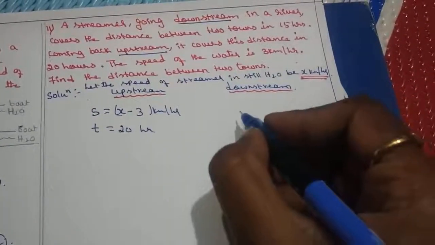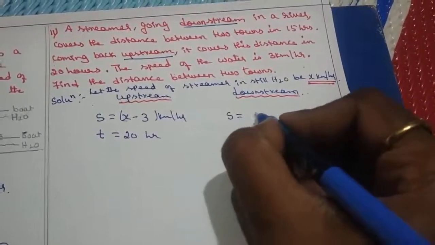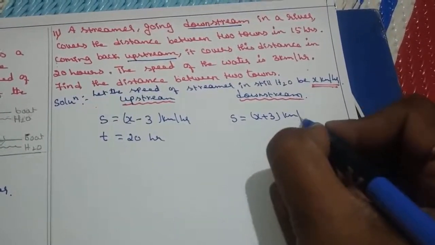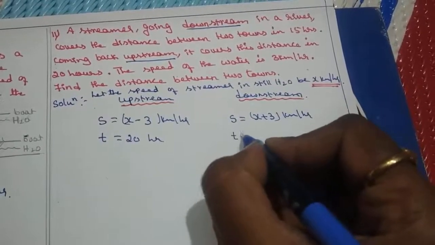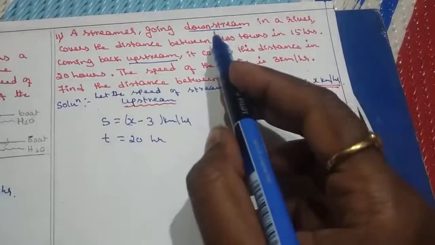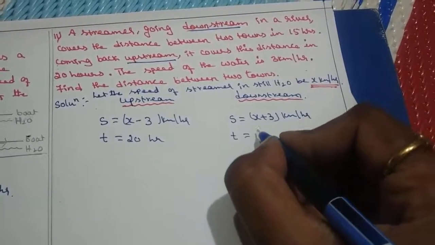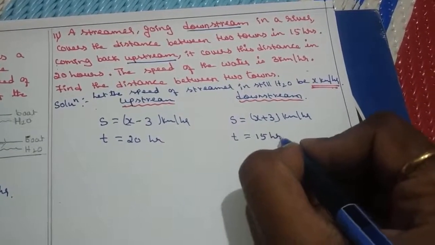And the downstream, the speed we are going to add, x plus 3 kilometer per hour, and the time taken between the two towns by the steamer is 15 hours.